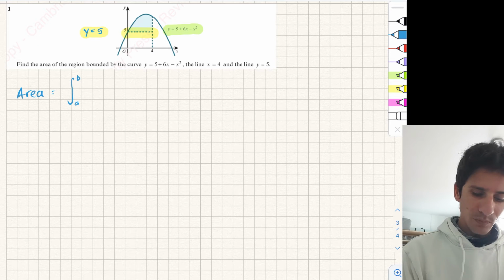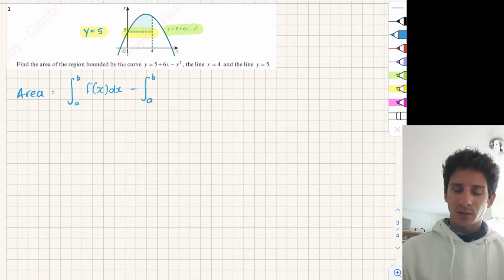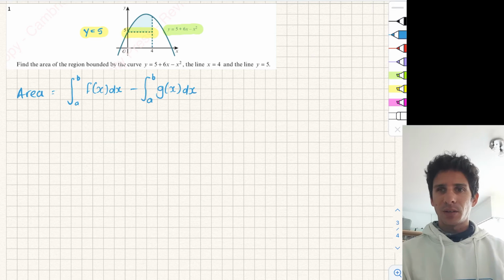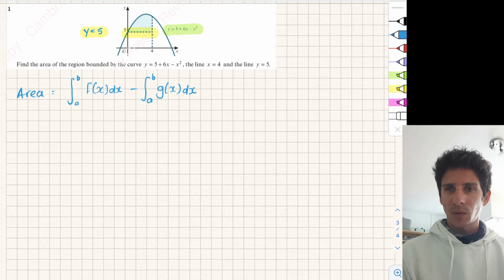If we take the integral of f of x with respect to x, and subtract the integral between a and b of g of x, which is just my straight line, that would give me the area for the shaded region that I want. If I take the area of the whole thing and subtract that little area underneath, I get the area for the tiny portion at the top.